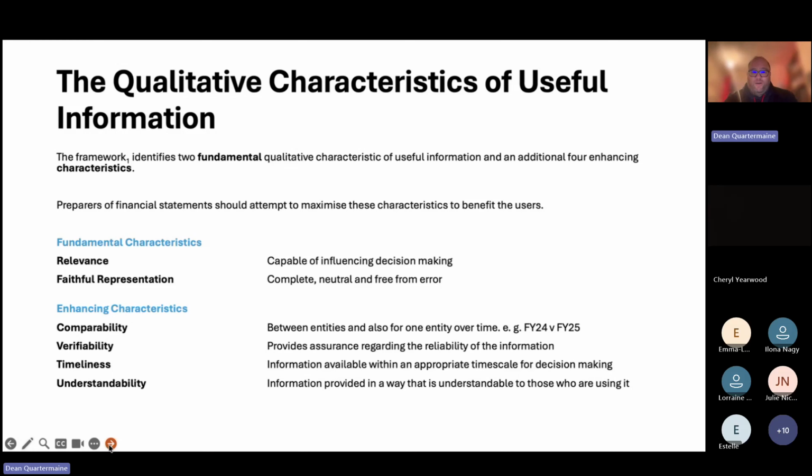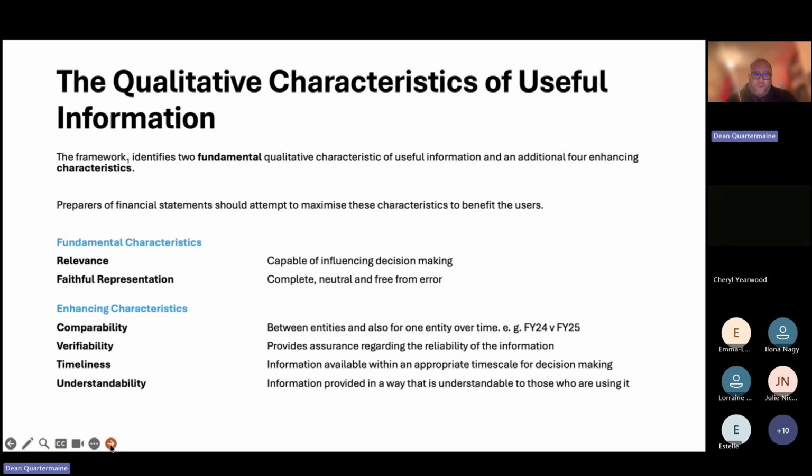If we've got a standard and every set of financial statements is prepared to the same standard, that aids understandability, because you've only got to understand it once. Because once you understand the framework and the way the statements are prepared, you understand all financial statements if they're all prepared to the same standard. Yeah. So there is some link between certainly those enhancing characteristics.